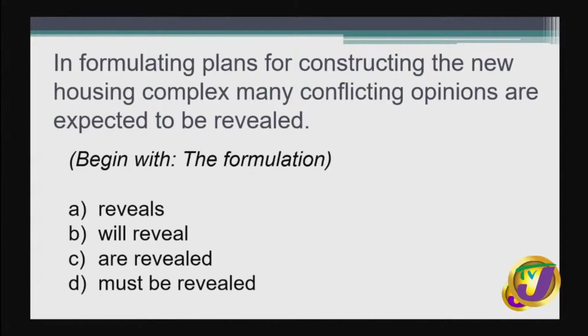Oh my word, what now? So the formulation of plans for constructing the new housing complex, what else must come in there? Remember your original meaning. You want to capture the meaning. So which of those expressions, when you use it in your new sentence, will still capture the original meaning?